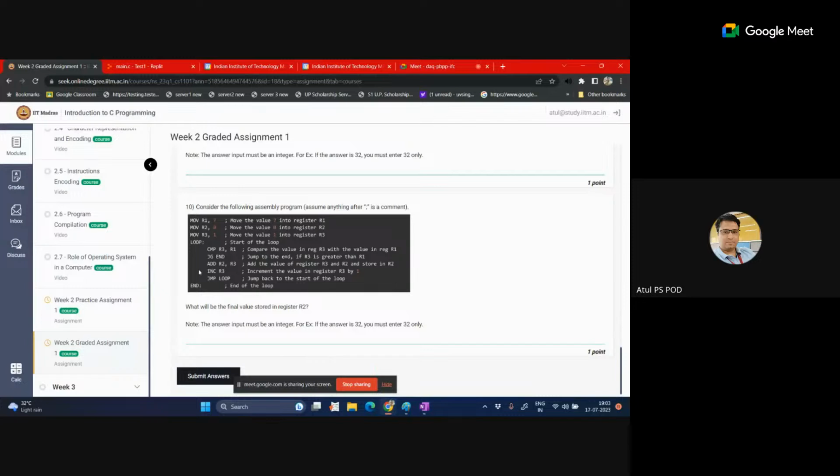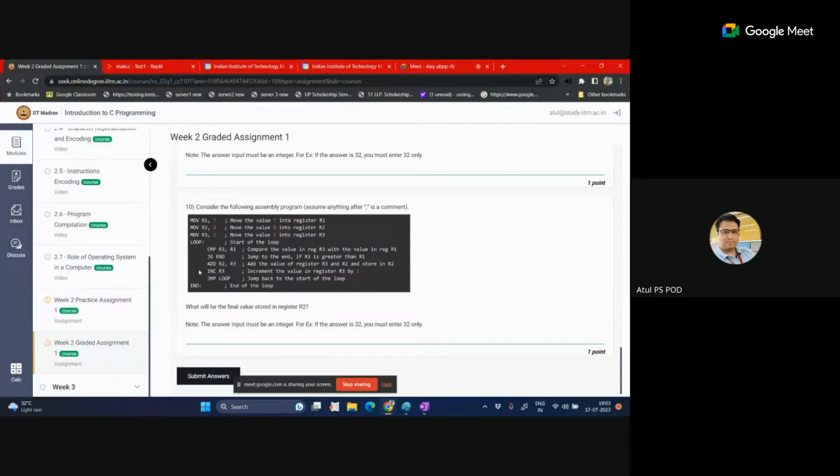Add R2, R3: add the value of register R3 and R2, and store the result in R2. We also increment the value of R3 by 1 and jump to the loop, so we repeat all the steps once again. If it is not greater, you move to the next step.